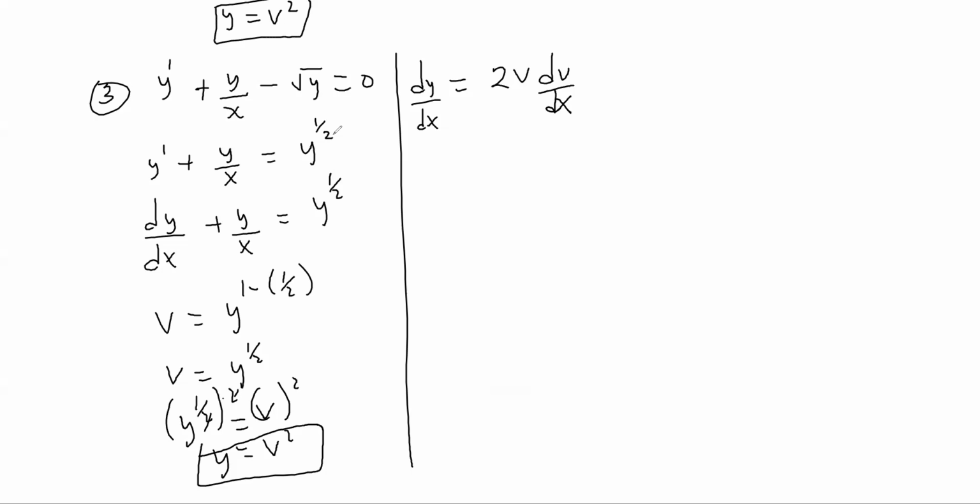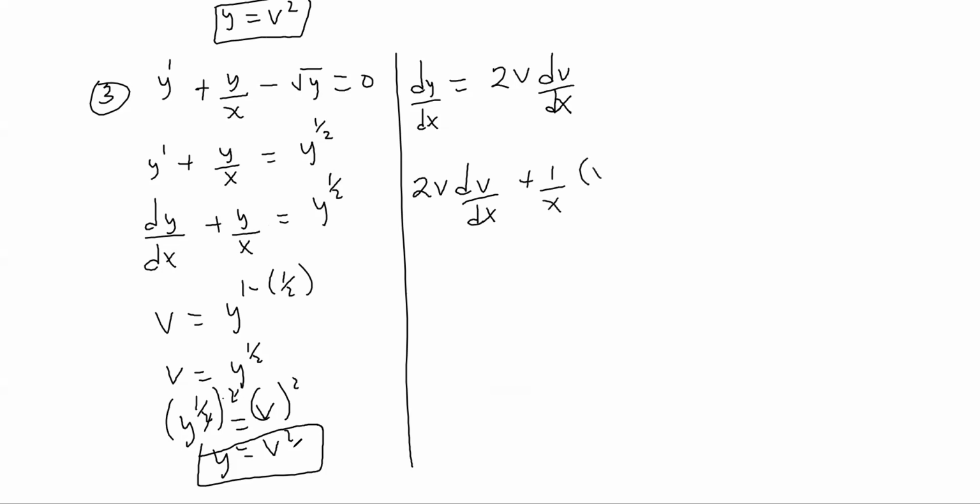So what I'm going to do is make my substitution. Wherever I see dy by dx, write this. Wherever I see y, I replace it by v squared. So dy by dx now becomes 2v dv by dx plus 1 over x times y.